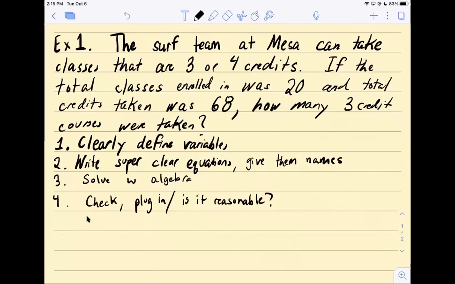So really focus clearly on what is the quantity that we don't actually know, or quantities, because remember there might be several unknowns that we're working with because this is a system of equations.